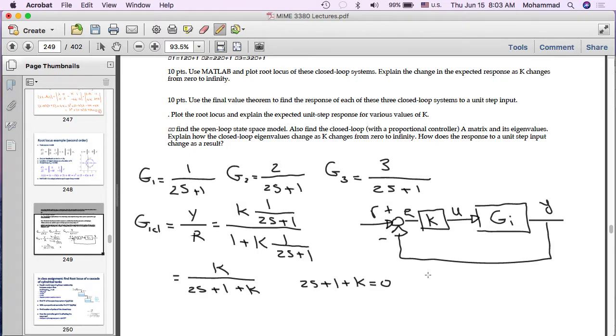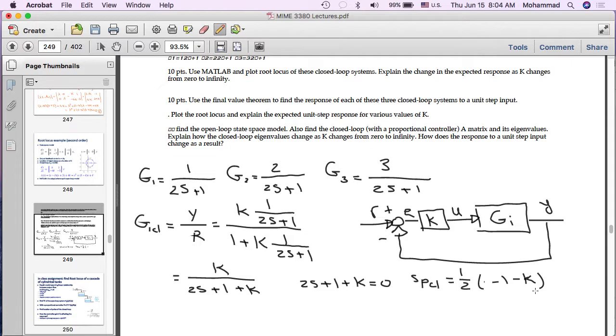So the value of the pole of the closed loop system would be 1/2 times minus 1 minus K. That's the location of the pole of the closed loop system with G1.